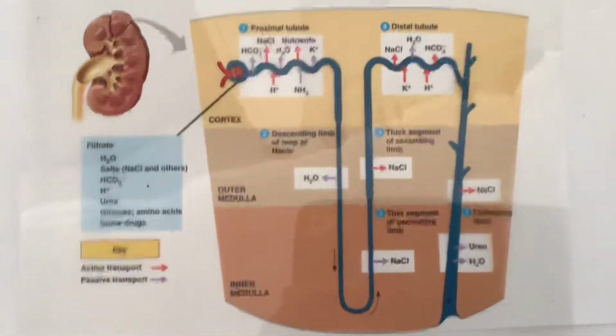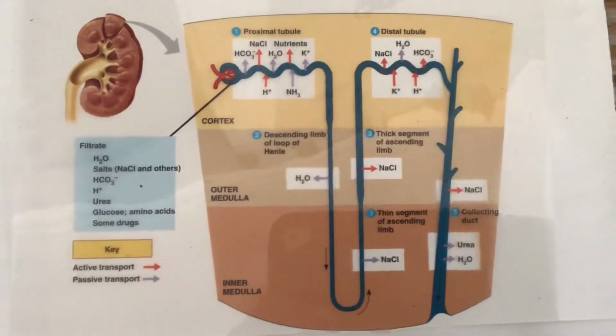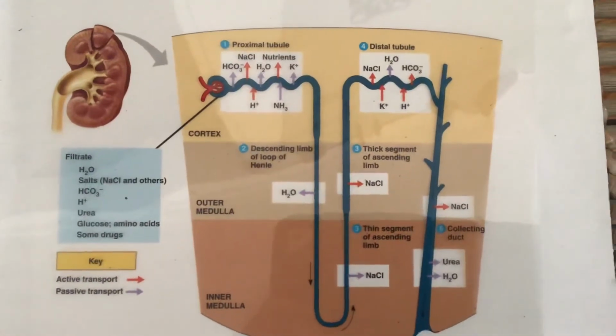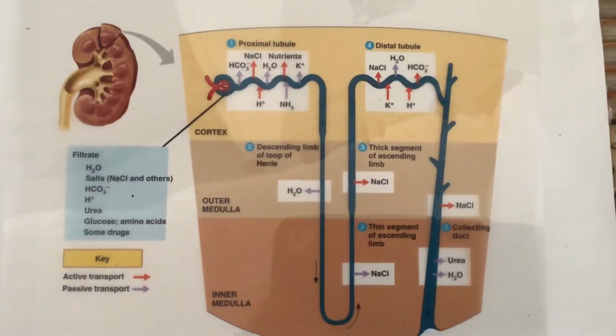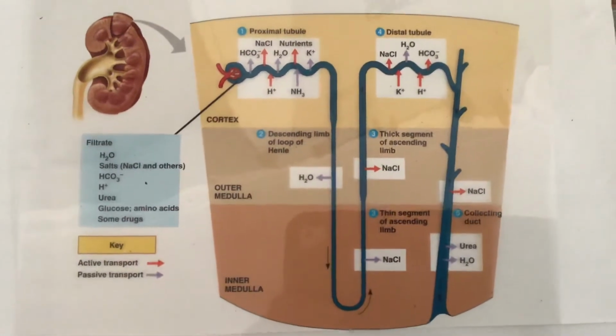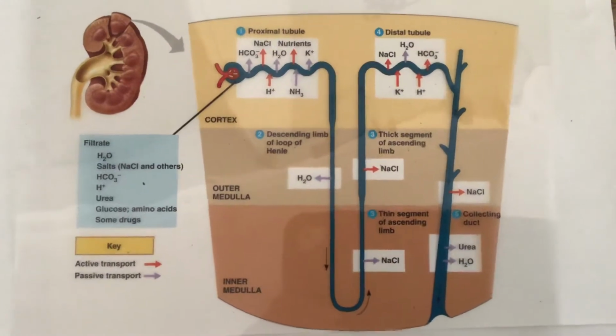All of the collection ducts of all the nephrons will go to the ureter, like we were discussing before. So make a note of the things that are entering in or out, whether they are entering in by active transport, which of course would require energy, or entering in by passive transport.